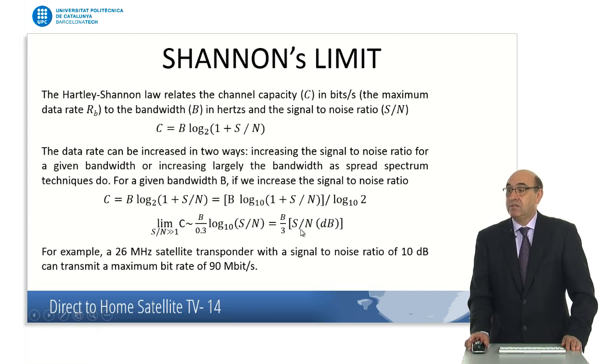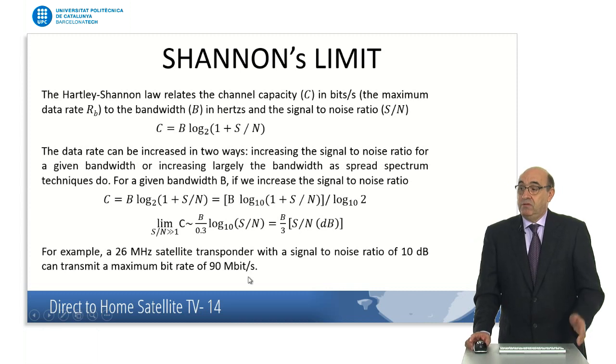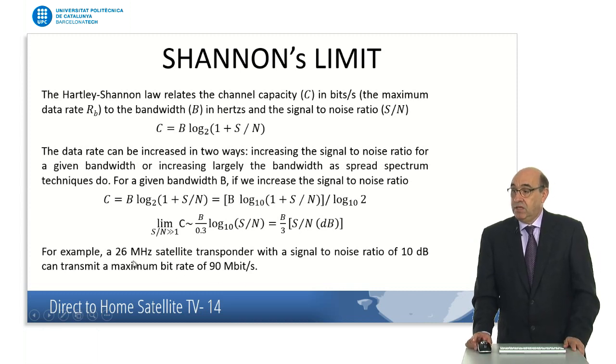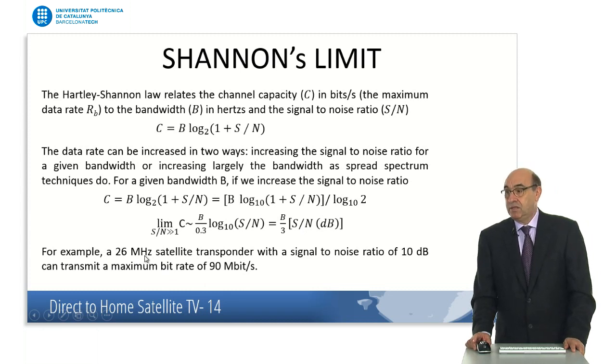Now, just to give you some data, let's take a satellite transponder bandwidth of 26 megahertz and a signal to noise ratio of 10 dB. Then you multiply 26 by 10 divided by 3, or you go to the exact expression and you get the exact number.